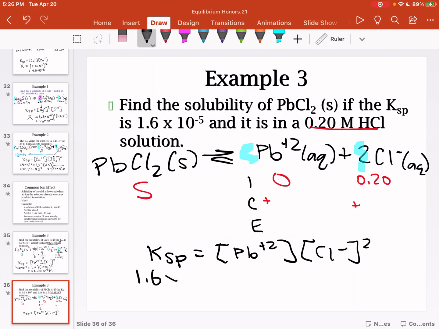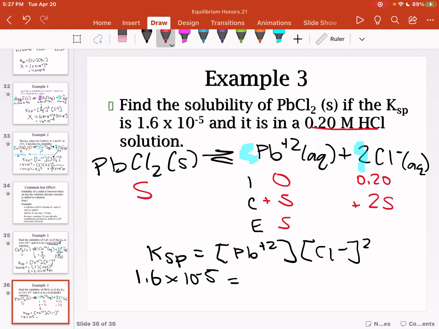We had our KSP at 1.6 times 10 to the negative 5th, so that means I'm allowed to have X's, or should I say S's, on the right. This is going to go from 0 as a product, it's going to go up by S, and because of the 1 to 2 mole ratio, this is going to go up by 2S.